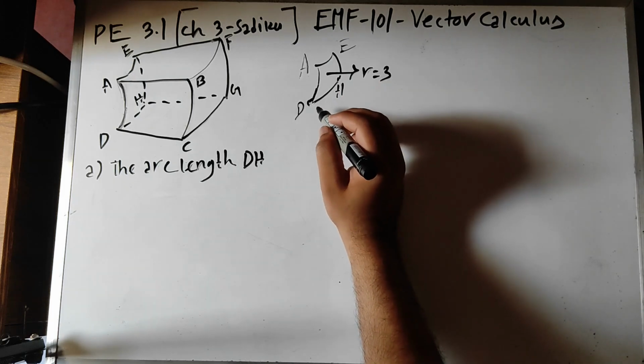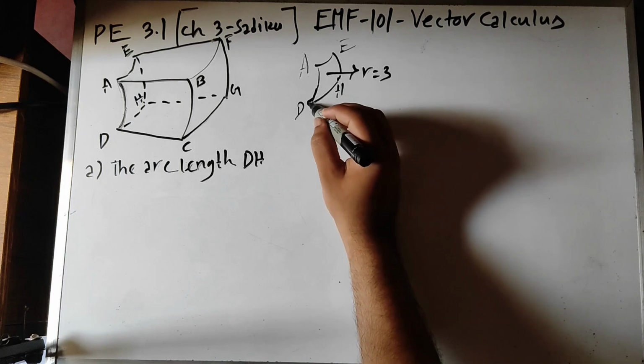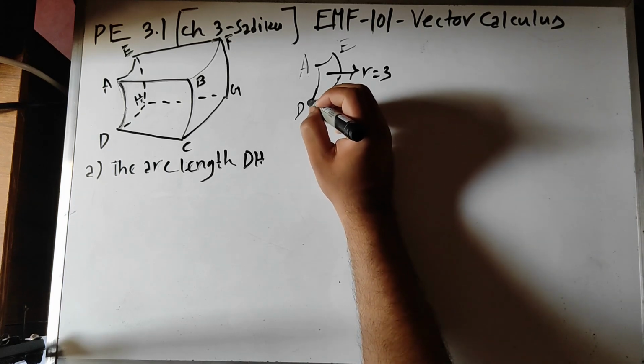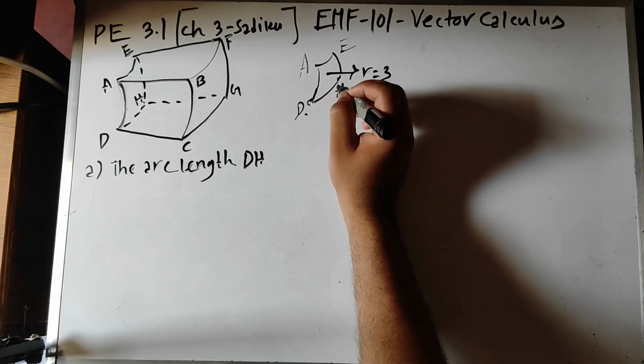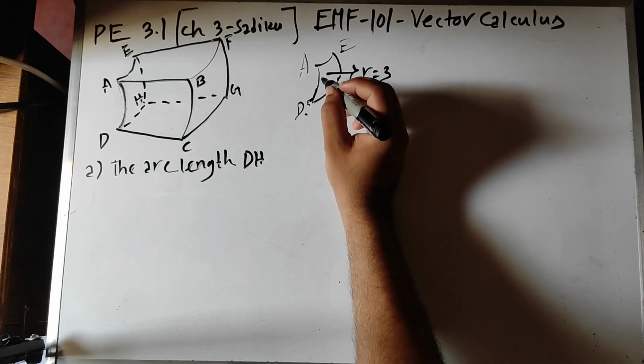To find the arc length DH, consider a point traveling from D to H in the spherical coordinate system, obviously.